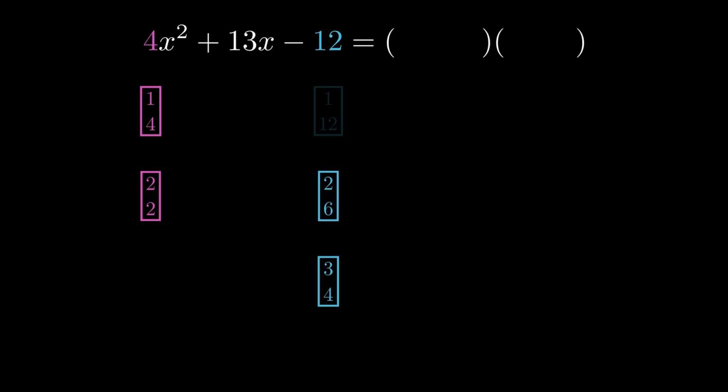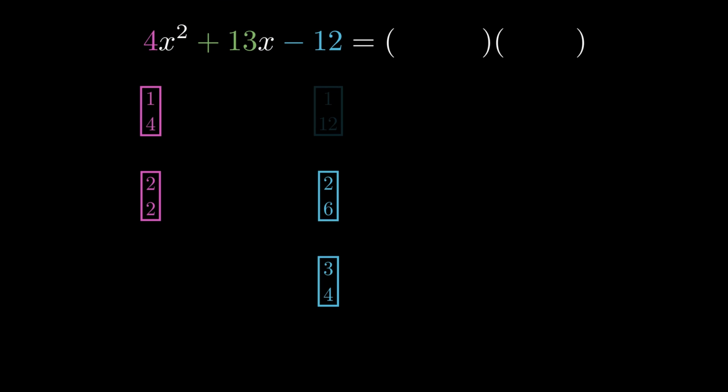Okay. Next, I'd want to pick between 1 and 4 and 2 and 2. Okay, what gives us a huge hint here is the fact that the 12 is actually negative, which means, like for the monic case, our total will be made of one positive number and one negative number. Okay, the numbers will be working against each other. But the target in the middle is 13, which is relatively large.